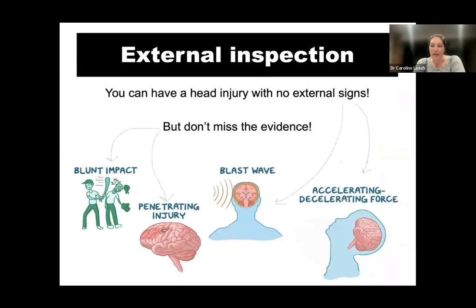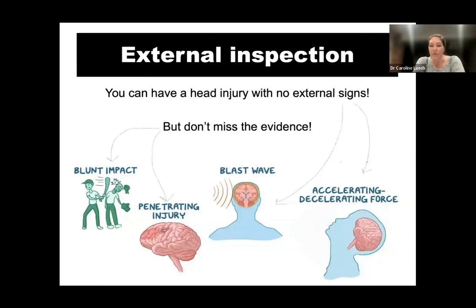But there are also patients who can have a head injury without any external signs of injury. So you've got a picture there at the bottom. You've obviously got the blunt and penetrating where they would have evidence externally. But for example, if someone was exposed to a blast wave, which we fortunately don't see very often in the civilian setting, that could be associated with a brain injury without any external signs.